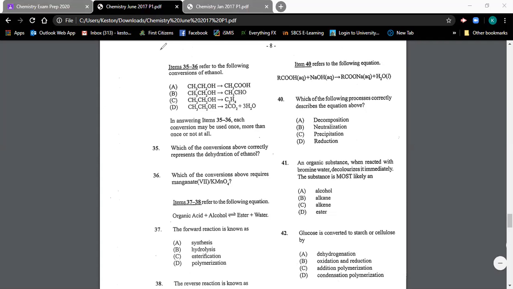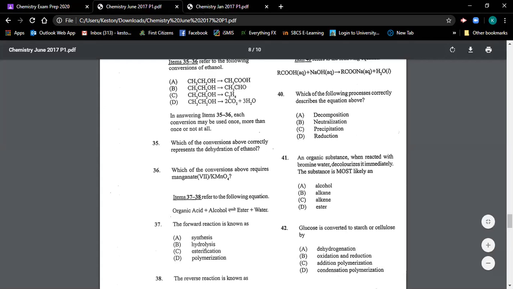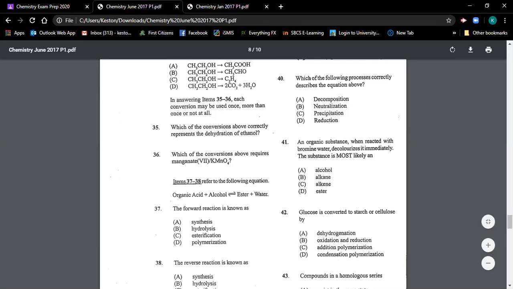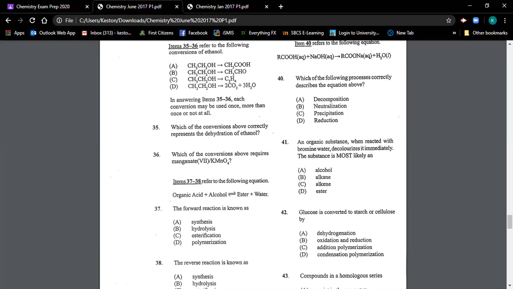42. Glucose is converted to starch or cellulose by what? So glucose is a naturally occurring polymer. There are two types of polymerization. That's a clue. Any guesses?